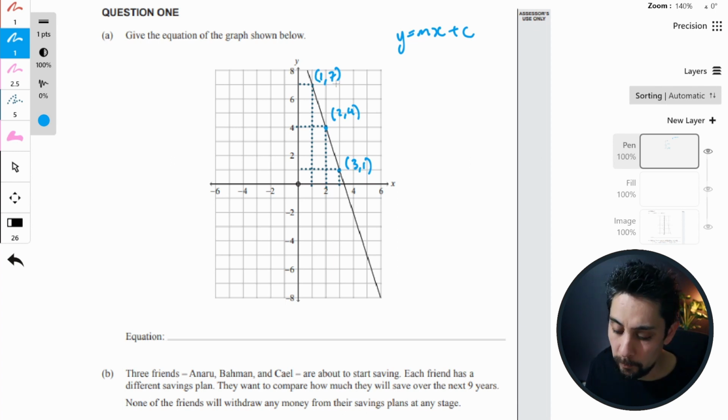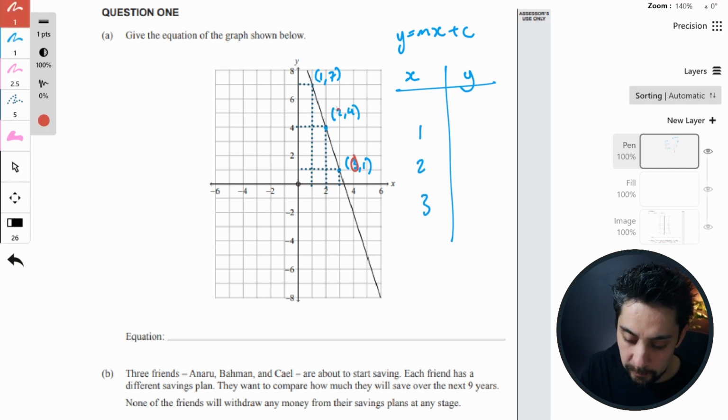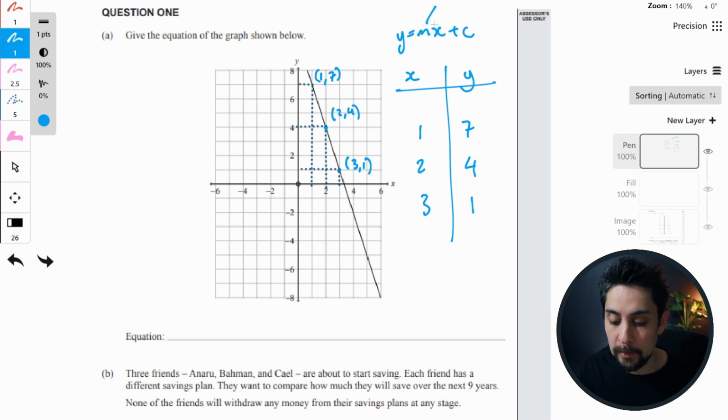So I'm just going to put all of this into a table, starting with 1, 2, and 3 from our x values. That's these values here. And they correspond to, well, 1 is 7, 2 is 4, 3 is 1, and now we can start getting to work on what our gradient is from here.